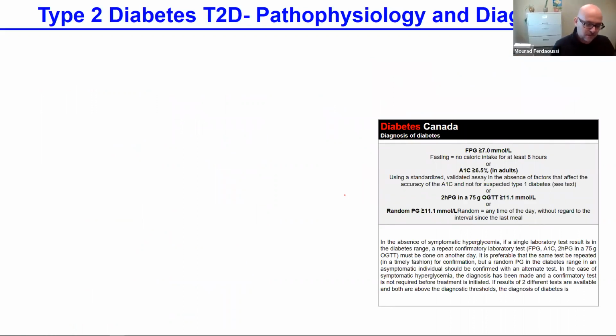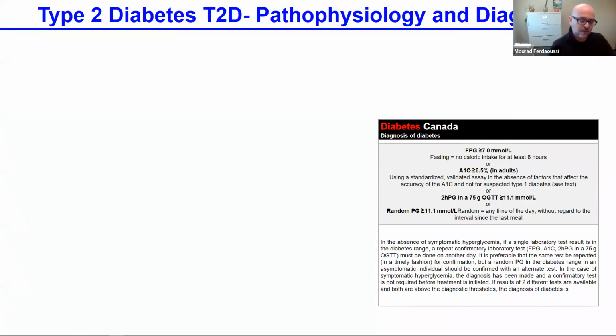According to Diabetes Canada, the diagnosis of this disease is made if a person has a fasting plasma glucose level, so the concentration of glucose in the plasma at the fasted state, higher than 7 millimolar, or if the glycated hemoglobin, what we call A1C, is higher than 6.5%.